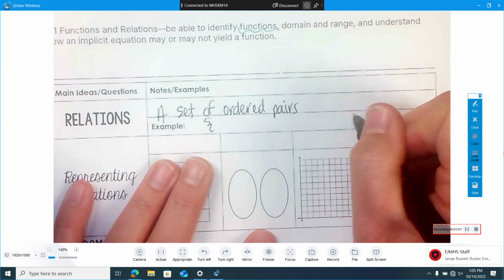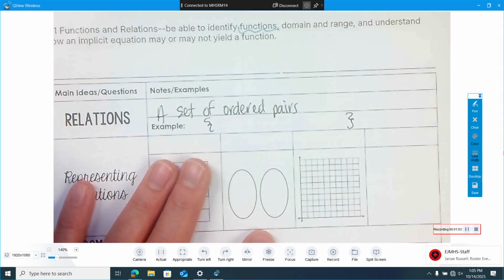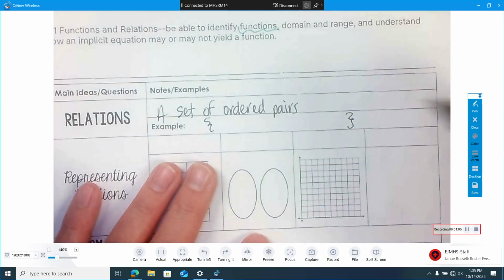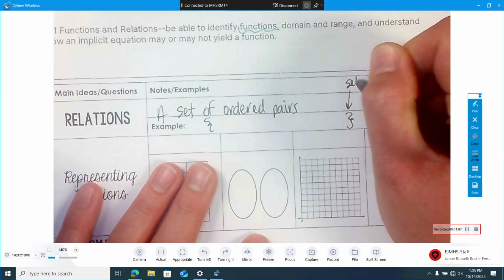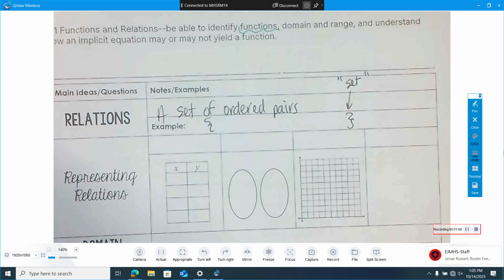This is set notation, and these are just curly brackets. Anytime you see curly brackets, it really means just the set, the grouping between the brackets.